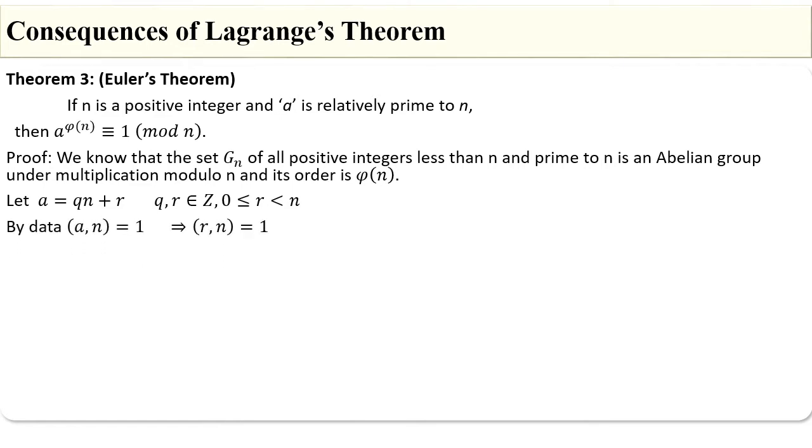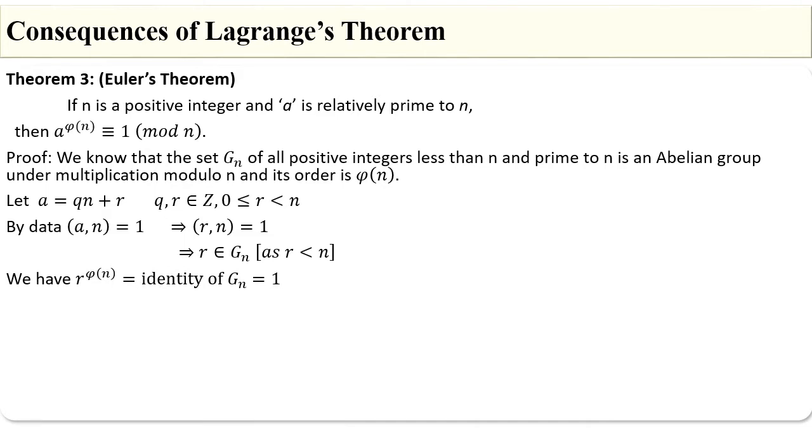By data, the GCD of a and n is equal to 1, which implies the GCD of r and n is also equal to 1, which implies r belongs to Gn, because r is relatively prime to n and r is less than n.